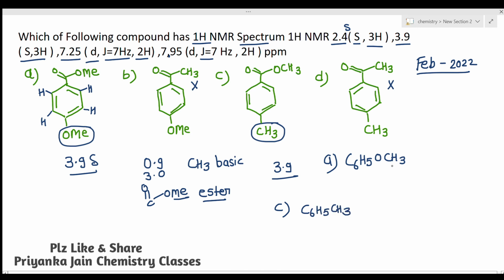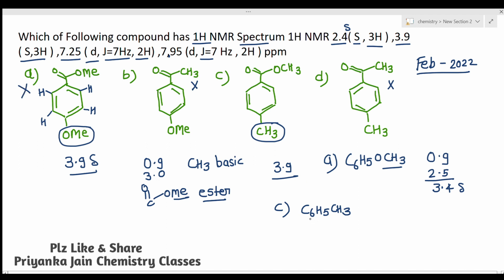Whenever CH3 is attached to this C6H5O group, the phenoxy group, what will happen? The basic value for the CH3 group will be 0.9, and if we are taking this phenoxy group, the basic value will come around 2.5. So here the value comes at 3.4 delta, and that is not given to us. So option A cannot occur.